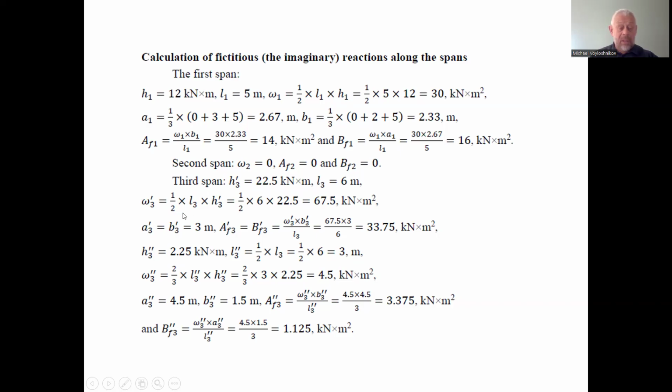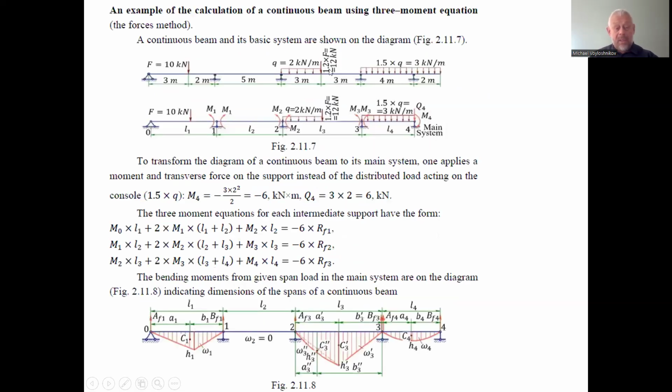Which is 1/2 of the length of the third span multiplied by the magnitude of the bending moment diagram caused by the concentrated force.